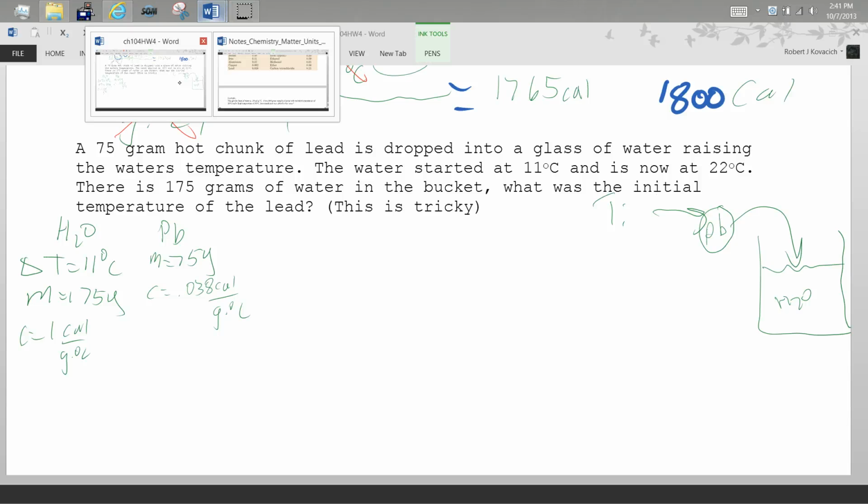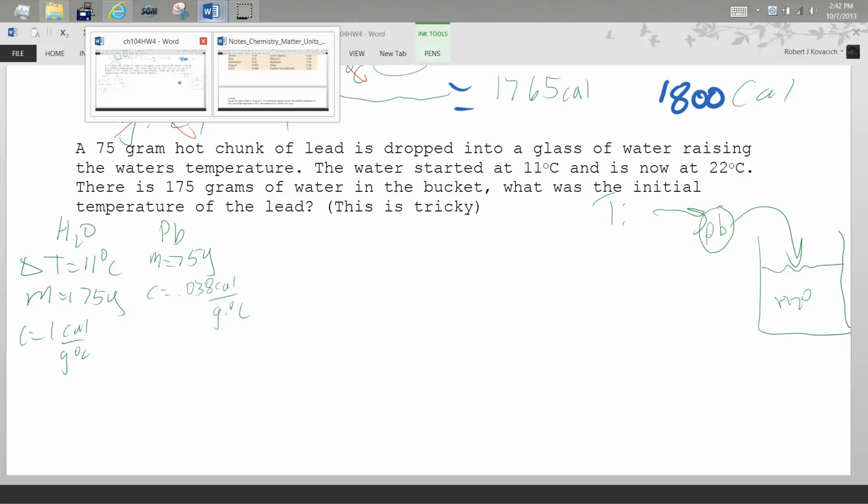Okay, now comes the tricky part. We have one thing we need to understand, and one other piece of information we already know but isn't really obvious. I know that the temperature of the water started at 11 and ended at 22, so its change in temperature is 11.